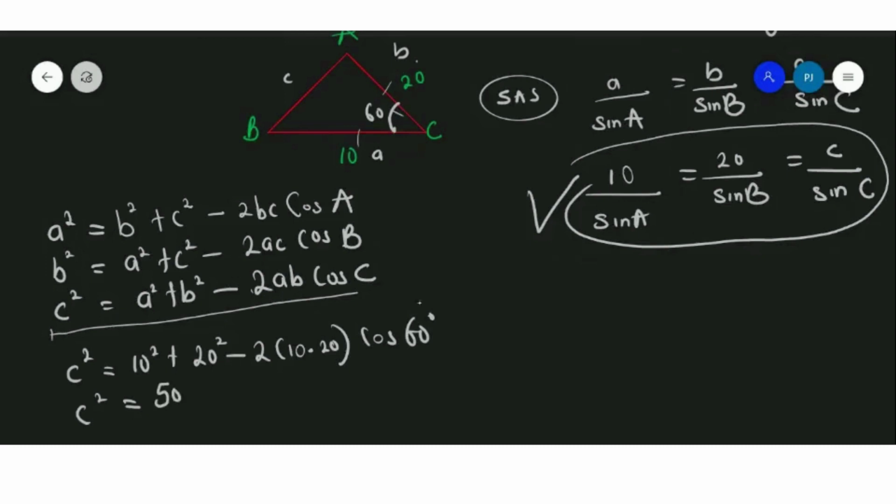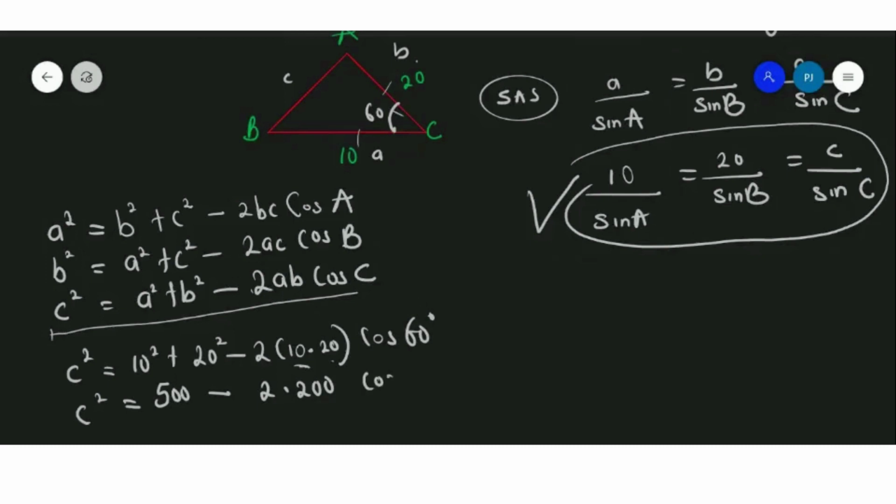So this is 500 minus 2 times 10 times 20, so it's 400.